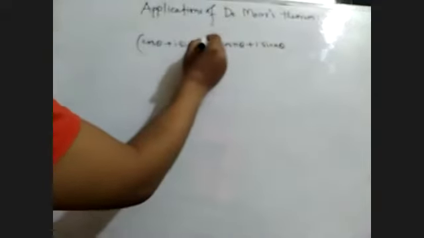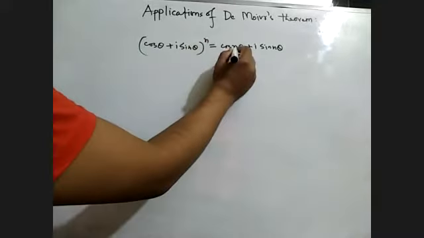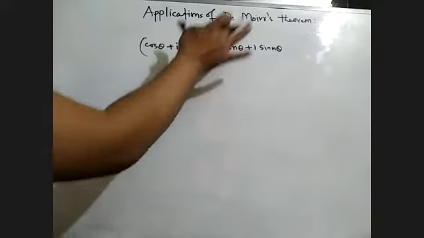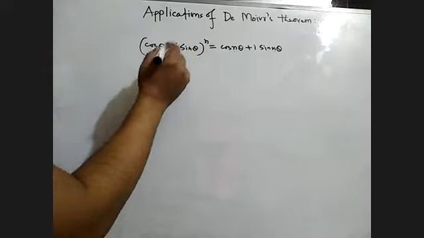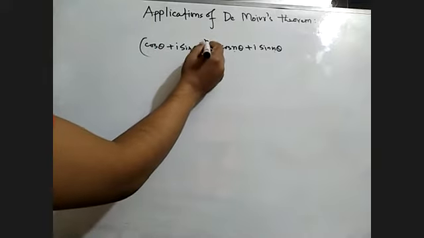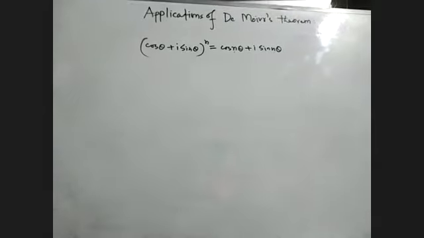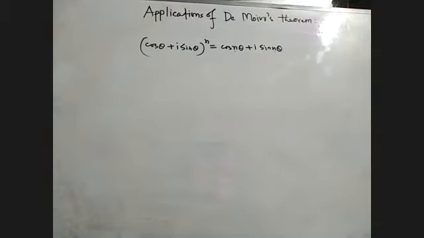That means the power gets multiplied with the angle. This is the main statement of De Moivre's theorem, where n is a positive integer, a negative integer, or rational. For these three cases, we proved this result in our previous class.